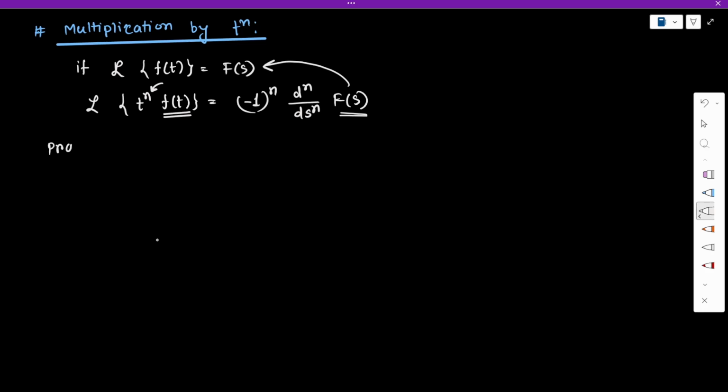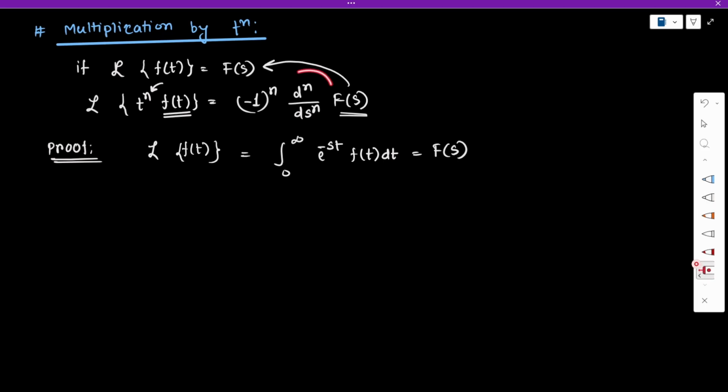Okay, so if we try and prove this theorem, how do we prove it? First of all, let's say that the Laplace transform of f of t is the integral from 0 to infinity of e to the power negative st f of t dt, and this is equal to F of s. Now, on the right hand side of the theorem, notice we have been told to perform derivatives with respect to s, not with respect to t.